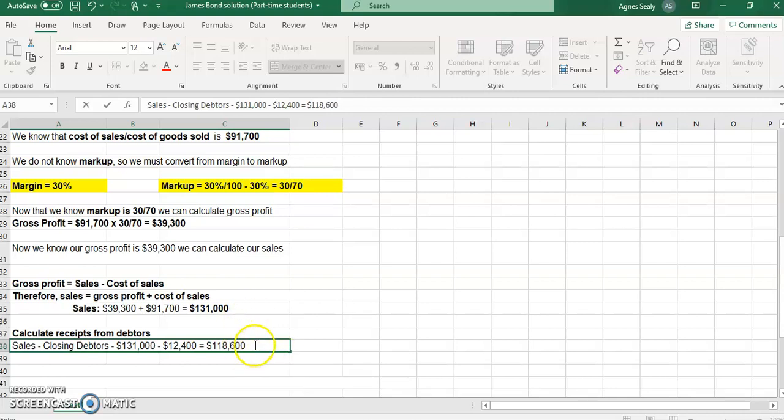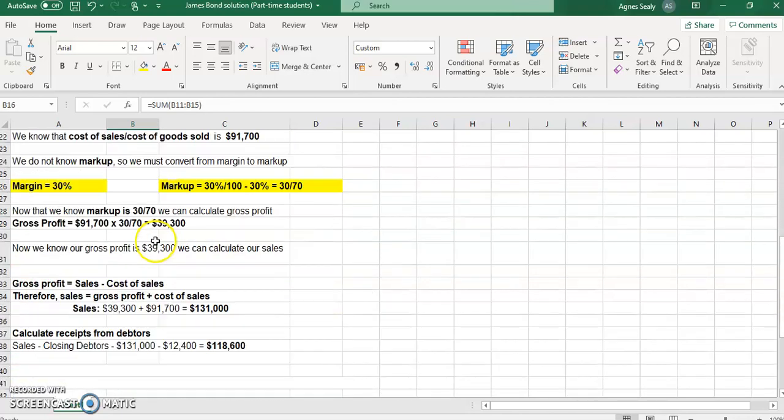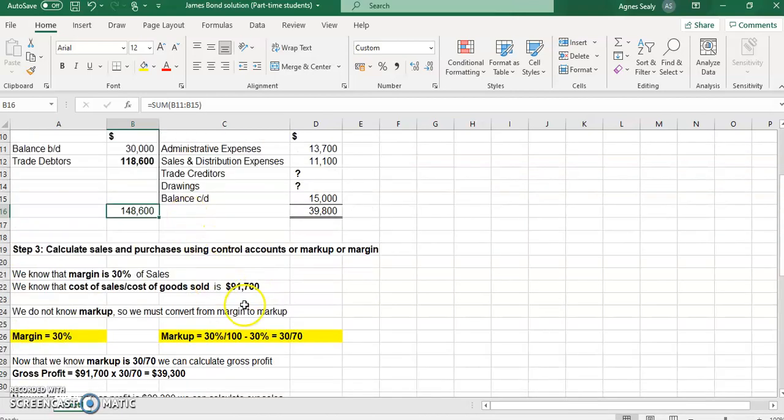So our receipts from our debtors are $118,600. So now we know that we can put it in our account here, $118,600. So we know our receipts from our debtors is $118,600.